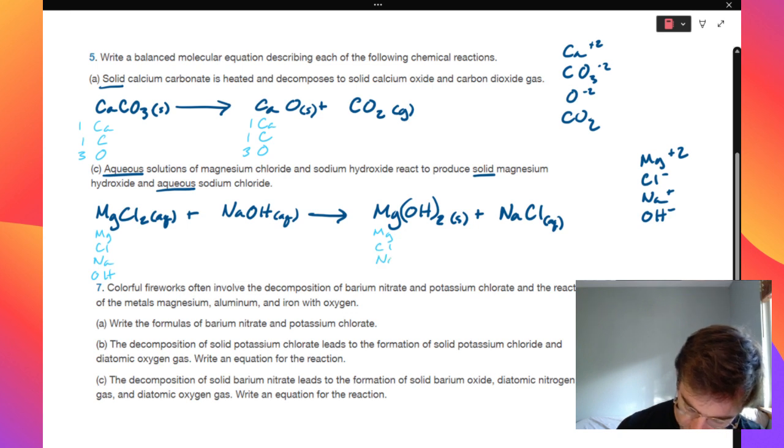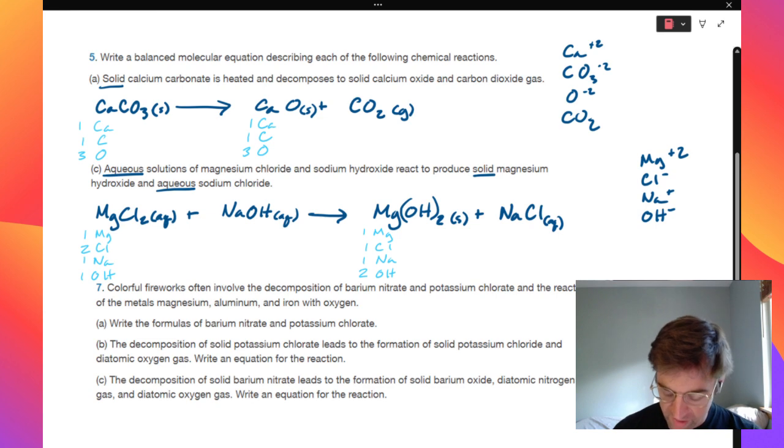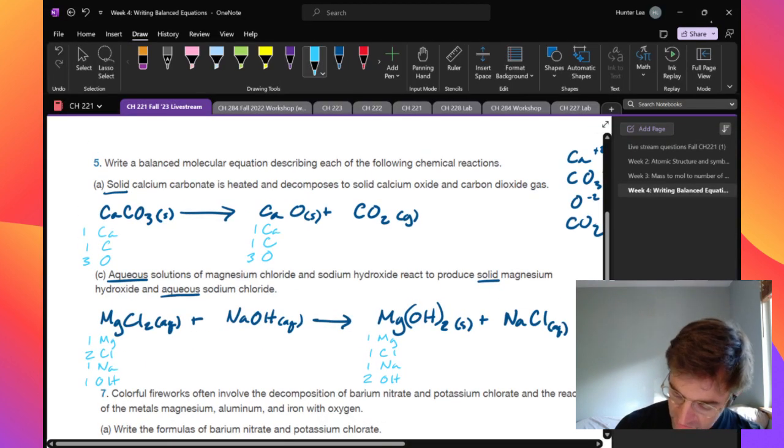Magnesium we've got 1, chlorine we've got 2, sodium we have 1, and hydroxide we have 1. On the right side we have 1 magnesium, 1 chlorine, 1 sodium, and 2 hydroxide.